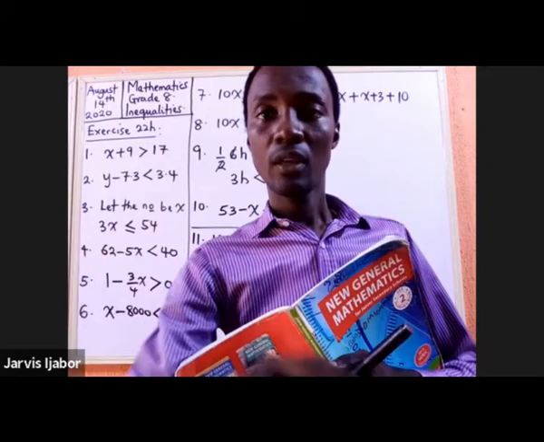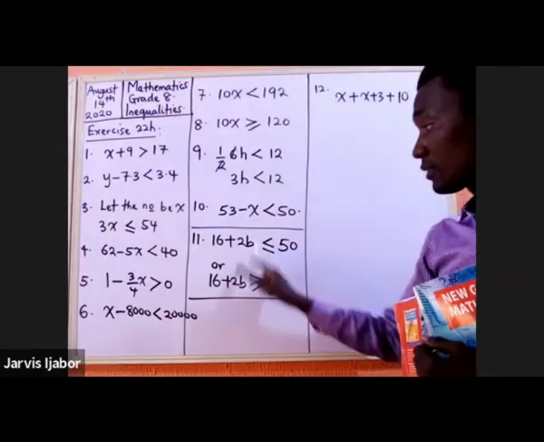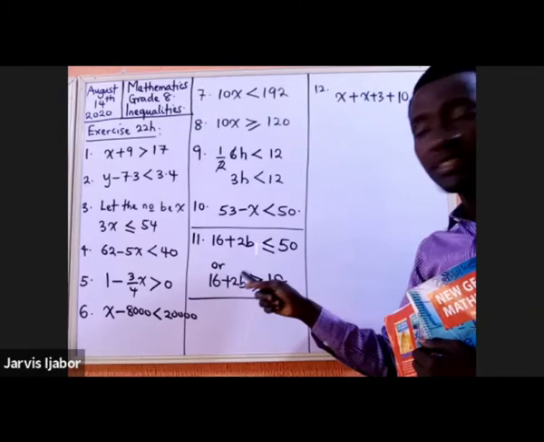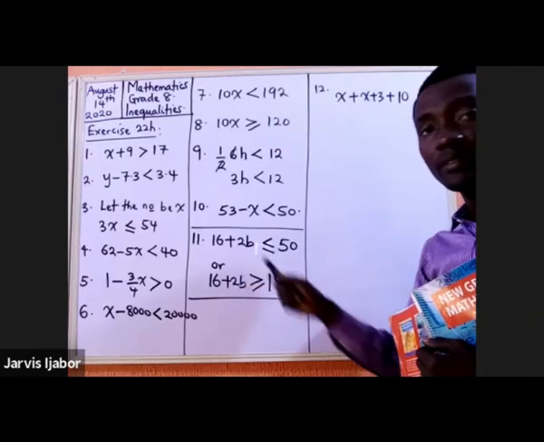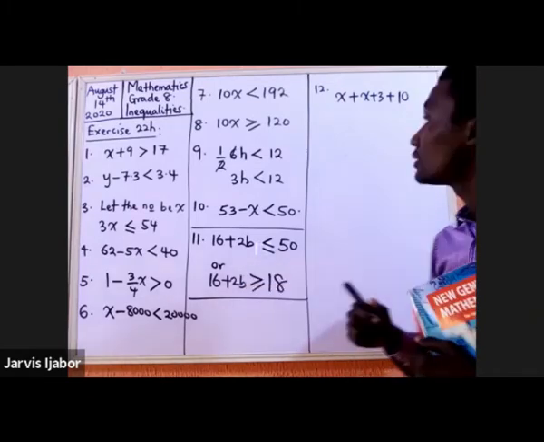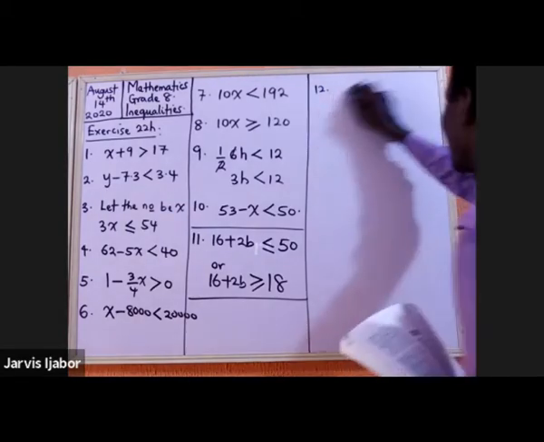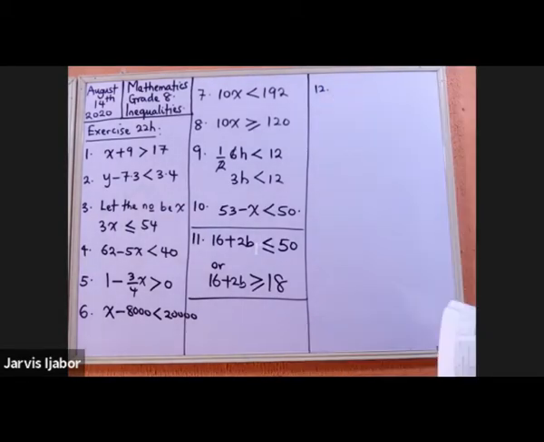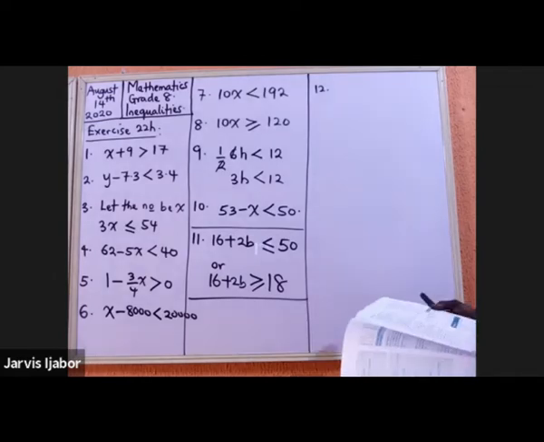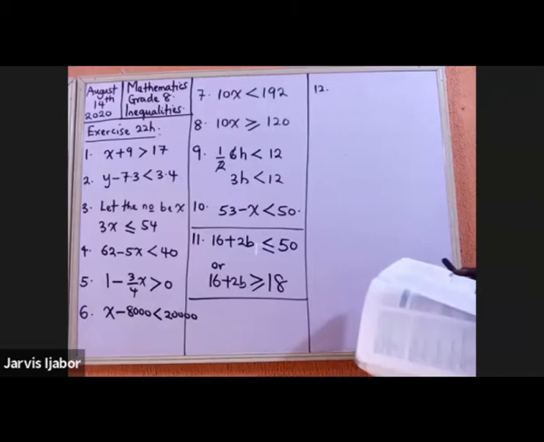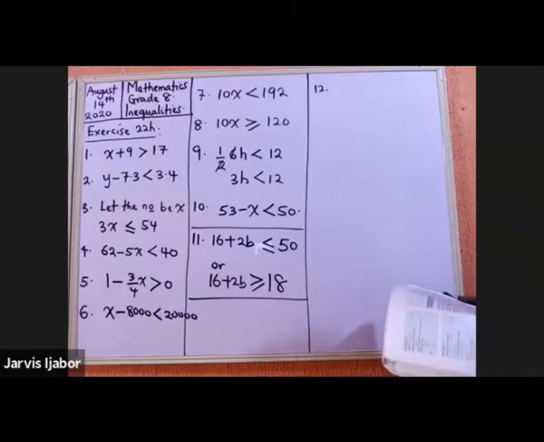Yes, there are two narratives there. Let me adjust question 12. Question 12 is saying the sides of a triangle are x cm, x plus 3 cm, and 10 cm. If x is a whole number, find the lowest value of x.